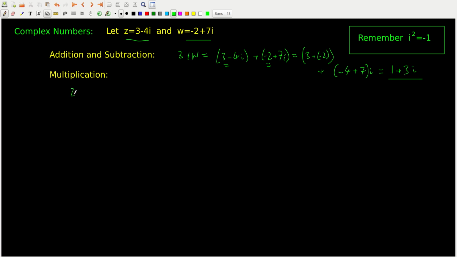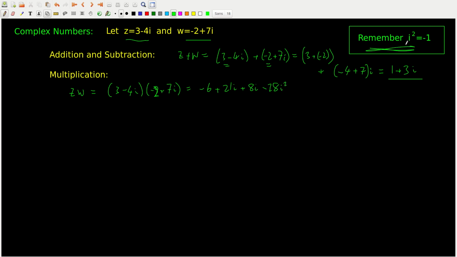I can multiply these complex numbers, z times w. Multiplying all the terms, we get 3 times minus 2, that's minus 6. And then we'll get plus 3 times 7, that's 21i, minus 2 times minus 4 gives positive 8i, and then minus 4i times 7i, or 4 sevens are 28, and that's a negative, so we get negative 28 i squared.